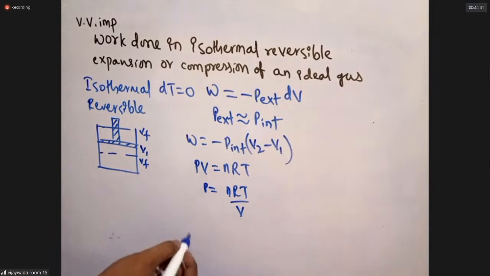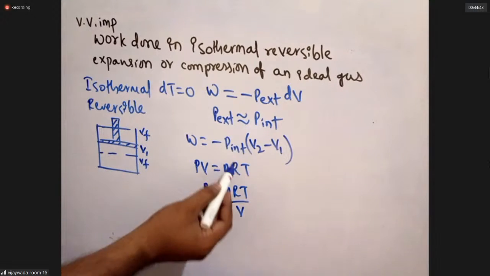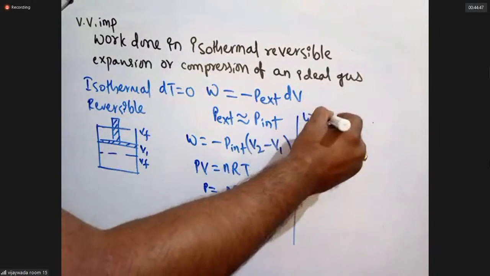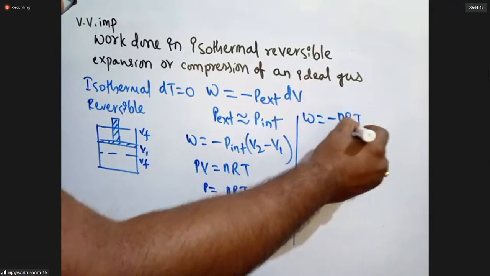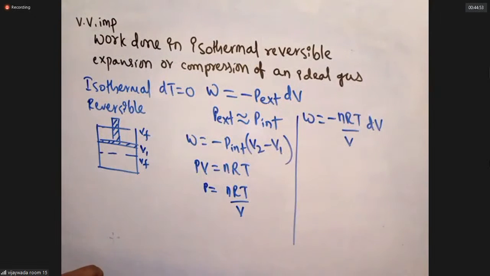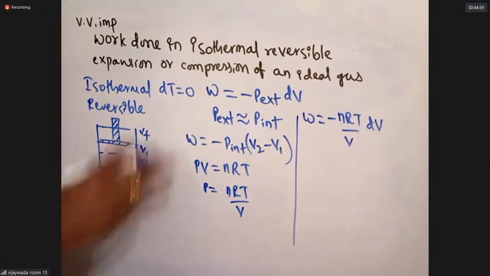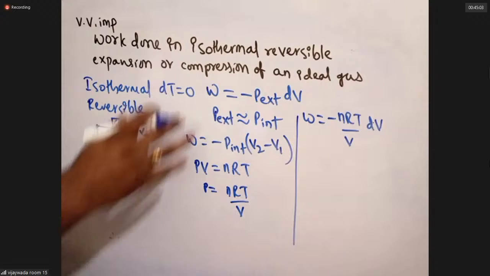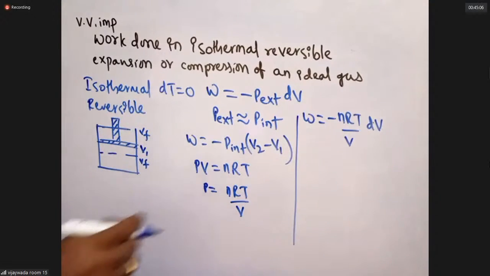So I can substitute this P value here. Then equation W equal to minus nRT by V into dV. Minus nRT by V into dV. Students, please note down this because I have no space to write down here because it is a somewhat lengthy derivation. Please write down this.